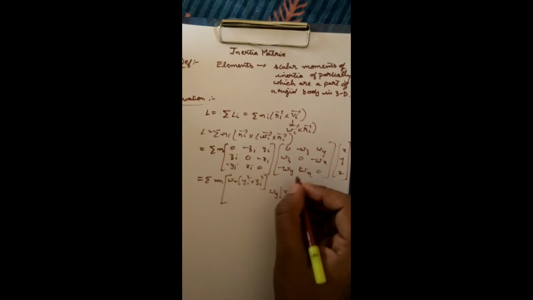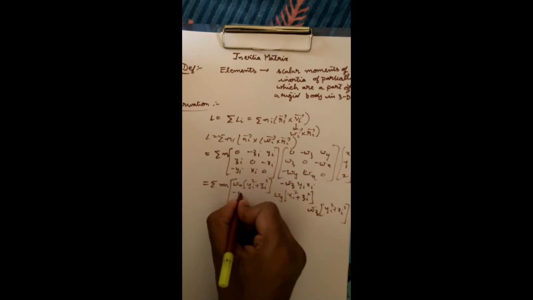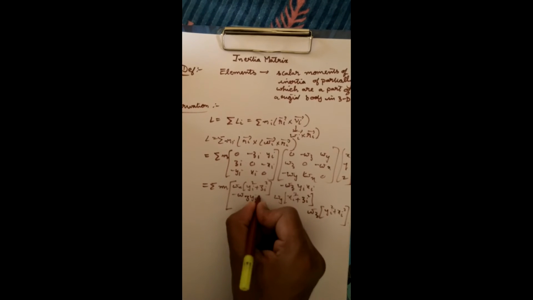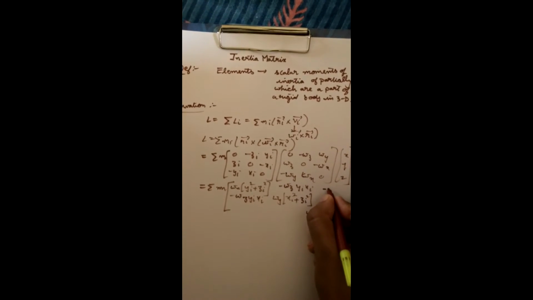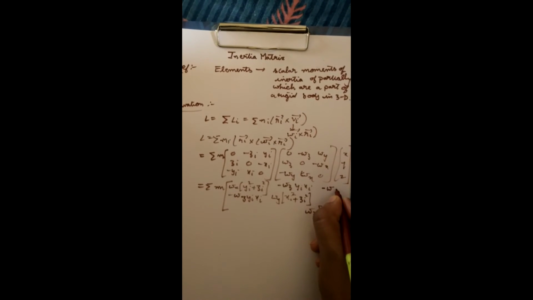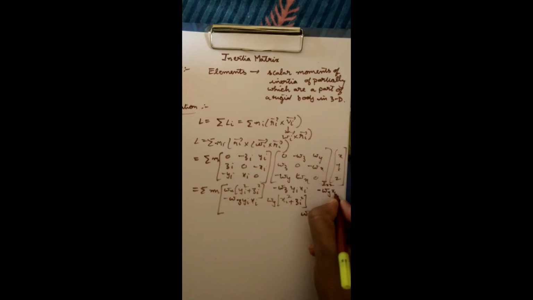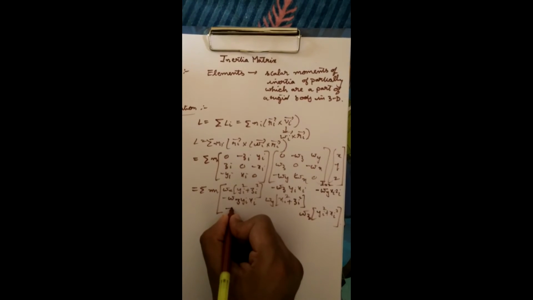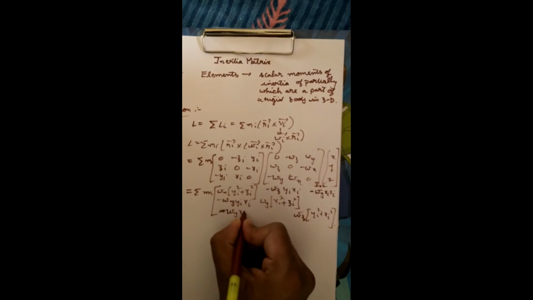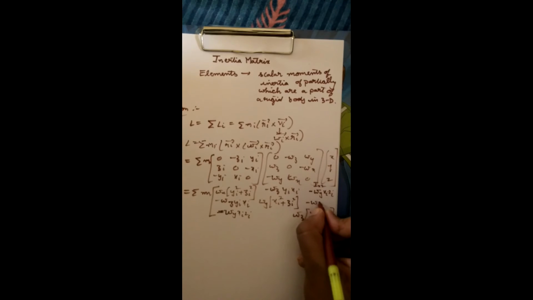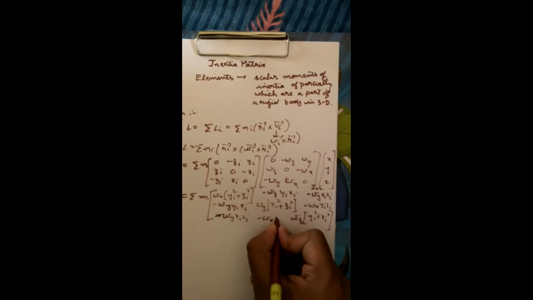Similarly, these elements can be written as omega Z yi xi, omega Z minus omega Z y xi, minus... this element is ixz, therefore minus yi into xizi, minus omega X yizi, minus omega X yizi.